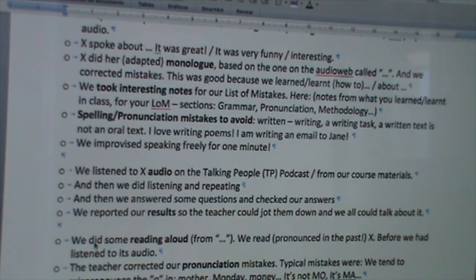And then we did L&R. So it's shorter, okay? It's good for the diary. Capital letter L and R, okay? L&R. And then we answered some questions and checked our answers.